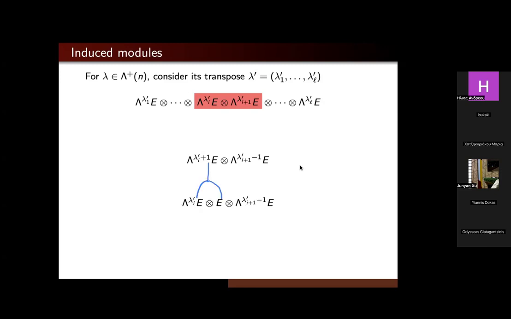Because I'm in a Hopf algebra situation, so exterior powers form the grading of the exterior algebra, and the exterior algebra is a Hopf algebra. So I can split, which other people call diagonalization. And I can go from this wedge plus 1 that I have, go down to the lambda i prime wedge, tensor with E. And then, because I have a multiplication, it's a Hopf algebra, I can merge.